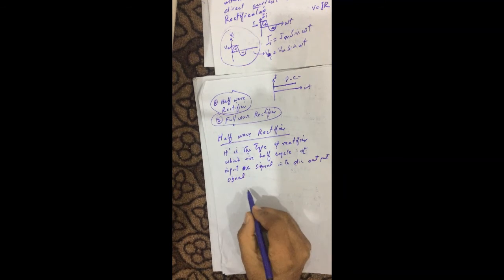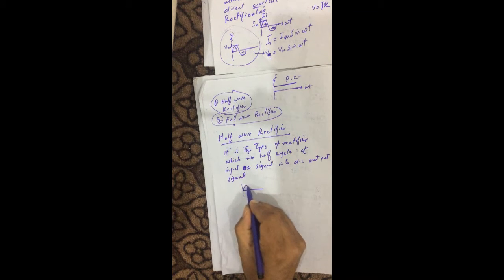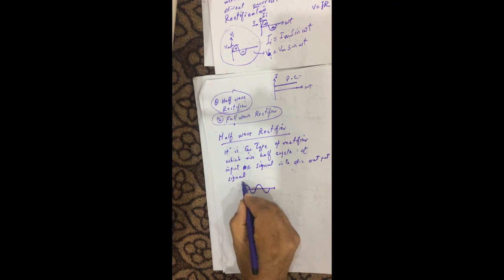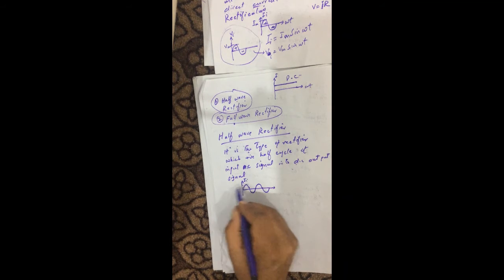Like in the input we supply the current as an AC, alternating current. Here we have the input current, Ii. This i in the subscript represents the input current. This is the maximum value of current, Im.